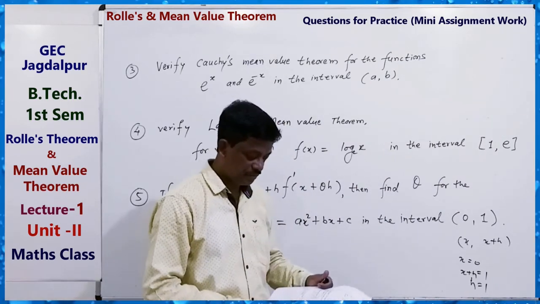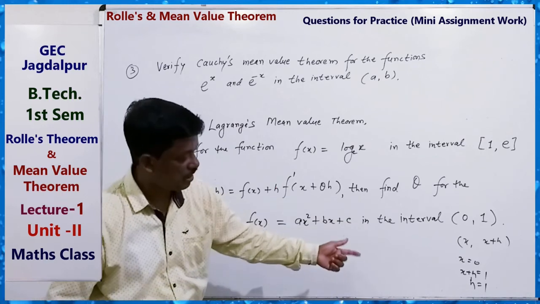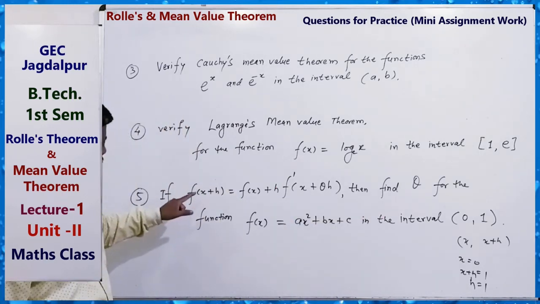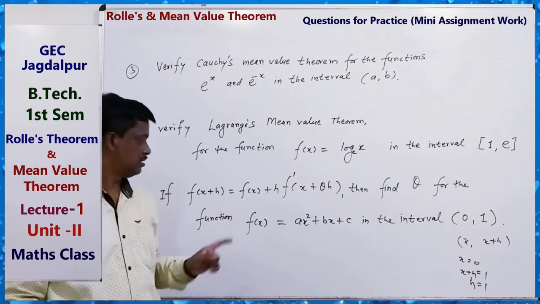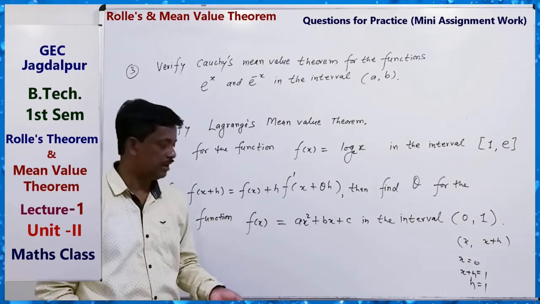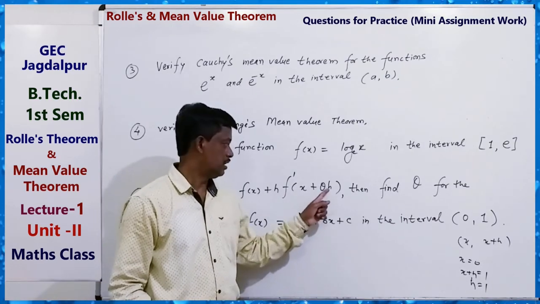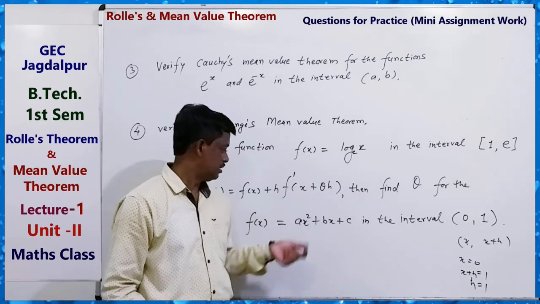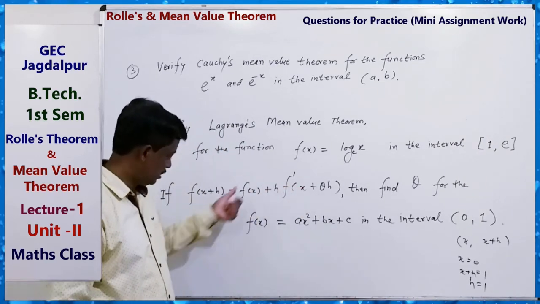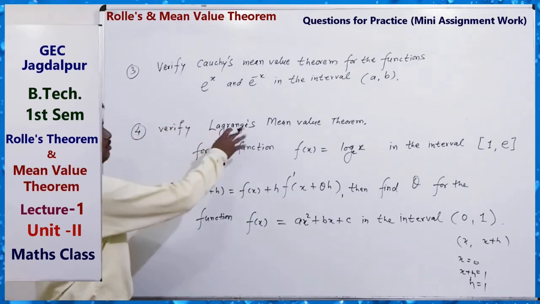So you can get the value x equals 0, h equals 1. Now f(x plus h) can be found, f(1) can be found, f(x) equals f(0) can be found, with h equal to 1. Just put them here, find its derivative and use it here, then you can get the value of theta. Okay, now it can be solved.